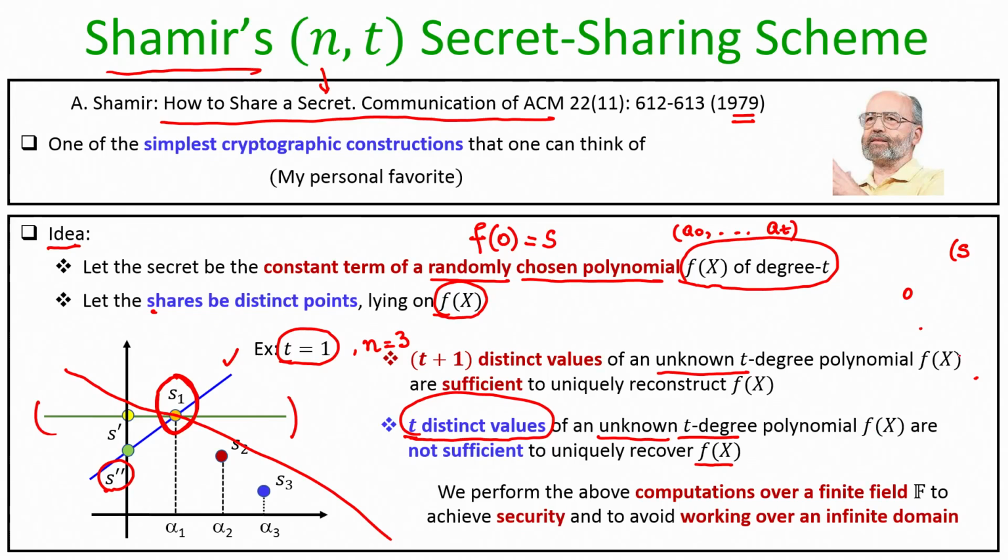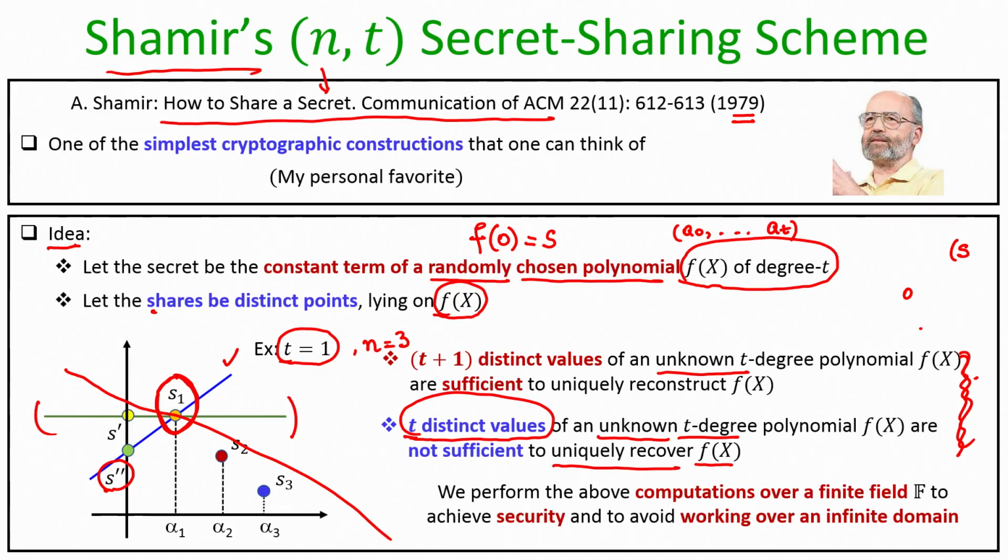That is the intuitive idea, a very basic fundamental fact of polynomials of degree t, namely t plus 1 or more points are sufficient to get back the polynomial, while t or fewer points are not sufficient to uniquely get back the polynomial.